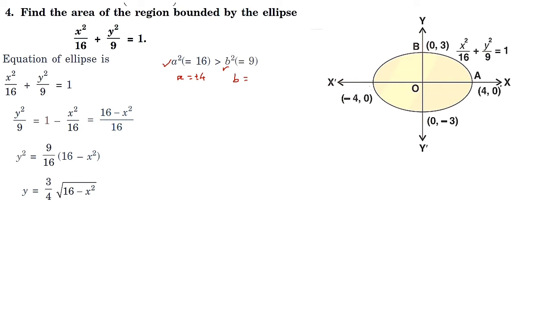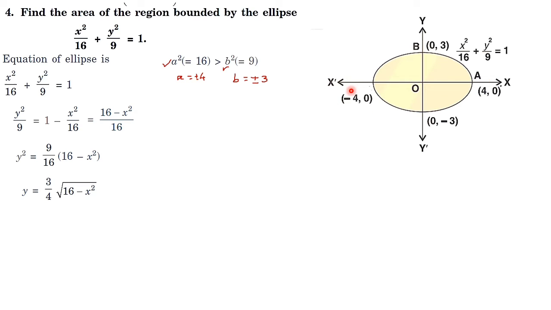We need to identify where a is and where b is. Clearly a, as I said, is under the x value, from the center to this portion, that will be the length of a. So a is plus or minus 4, which means this point will be 4, 0 and another one will be minus 4, 0.